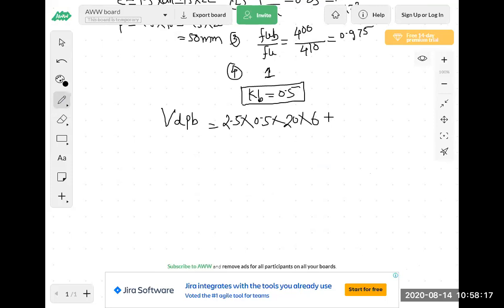So thickness of angle is 6 into fu 410 divided by 1.25. So how much? VDPB, design strength of bolt, is 49.2 kilonewton. So 49.2 kilonewton is the strength of bolt in bearing.